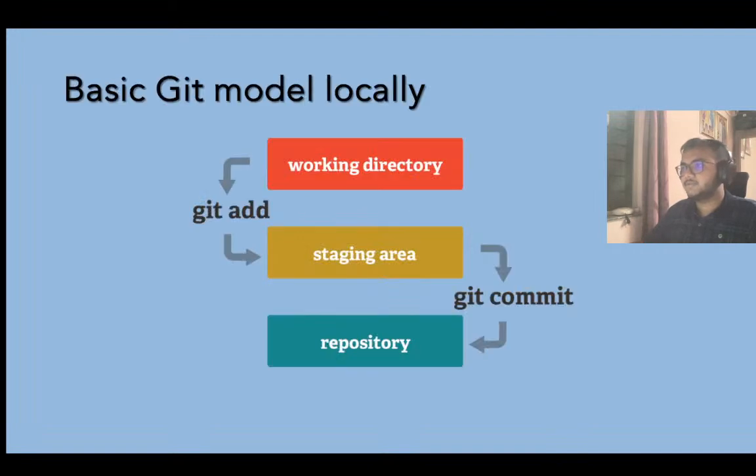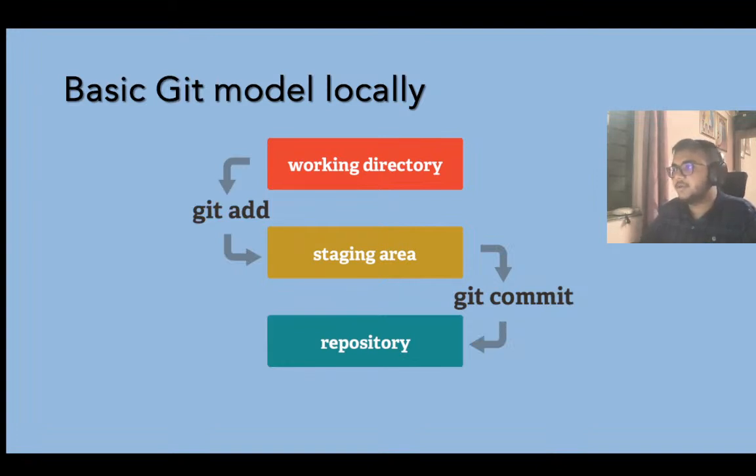So this is the demo. If you are done working in your working directory, you will use a command called git add, and then you can either select the files that you want to add, like git add index.html or whatever files you want to add to the staging area, or you can just do git add and then a space and a dot.